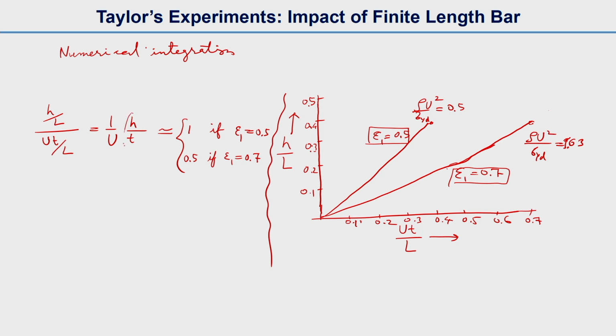Basically this h by t is nothing but the plastic wave propagation velocity. So that means v by u is equal to 1, where u is the impact velocity and this is the plastic wave propagation velocity.